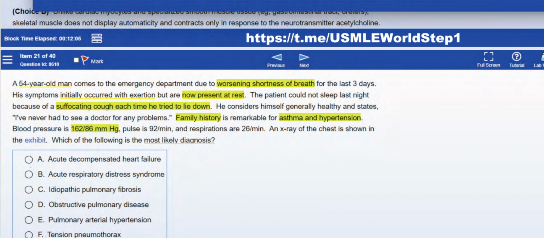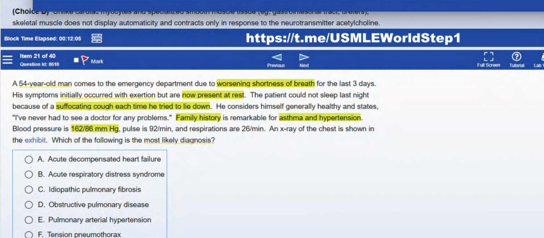Now question number 21. A 54-year-old man comes to the emergency department due to worsening shortness of breath for the last 3 days. His symptoms initially occurred with exertion but are now present at rest. The patient couldn't sleep last night because of suffocating cough each time he tried to lie down.